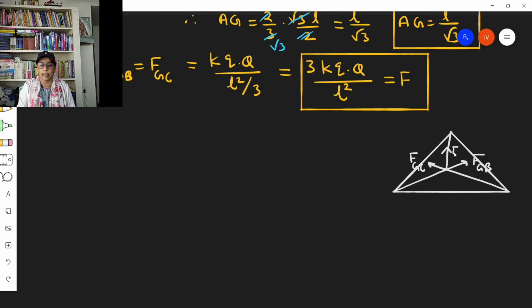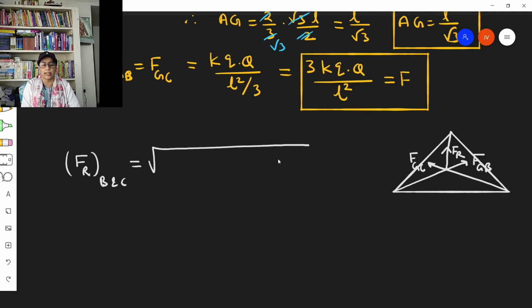So this is FR. And how to calculate resultant of force on Q due to B and C charges, that we calculate using the parallelogram law of vector addition.